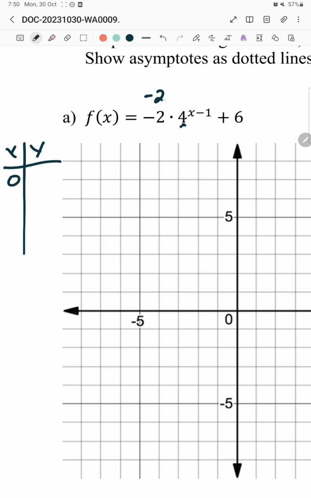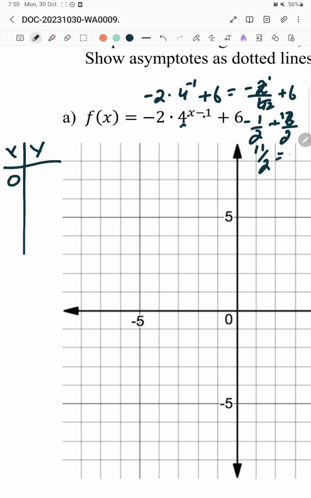So it would be -2 into 4 to the power 0 minus 1, which is -1, plus 6. -2 by 4 plus 6. -1 by 2 plus 6 is 11 by 2, which is equal to 5.5.